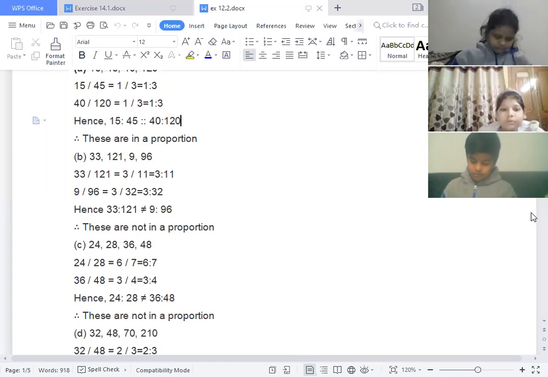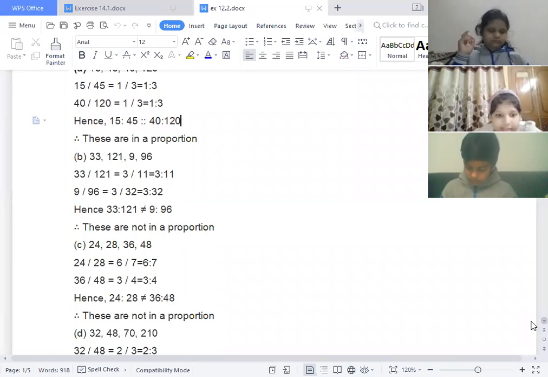So 2/3 is the answer, 2:3. Yes, because 16 twos are 32 and 16 threes are 48. It goes in the table of 16. Yes, right.